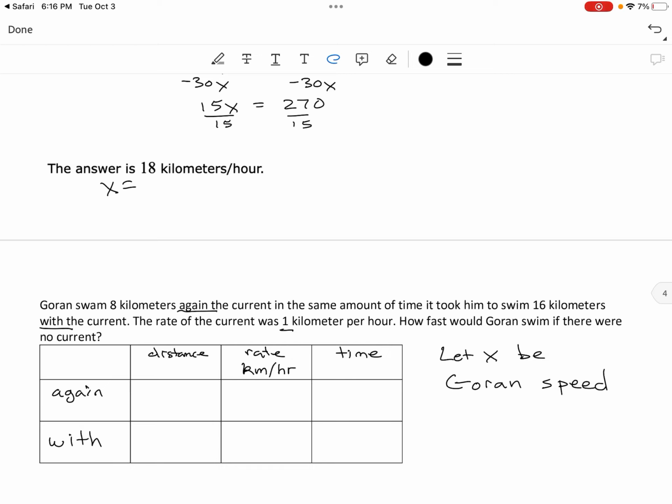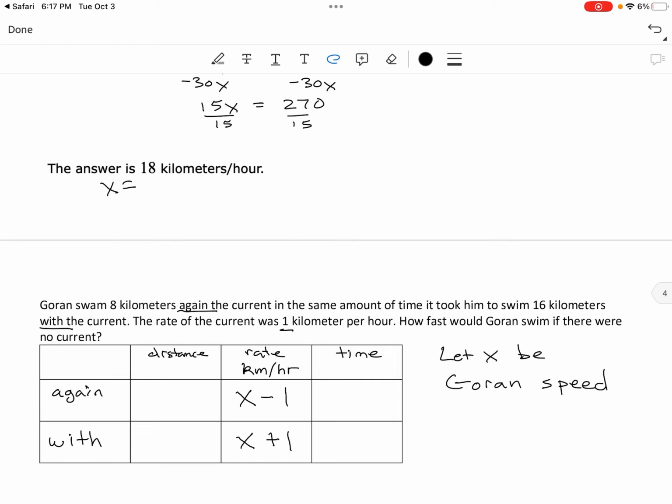We don't know Goran's speed, but when he's swimming with the current, it's like he's getting an extra boost. So x plus 1, the current is helping him move along. When he's going against the current, it's Goran's speed but a minus, because he's fighting against the current.